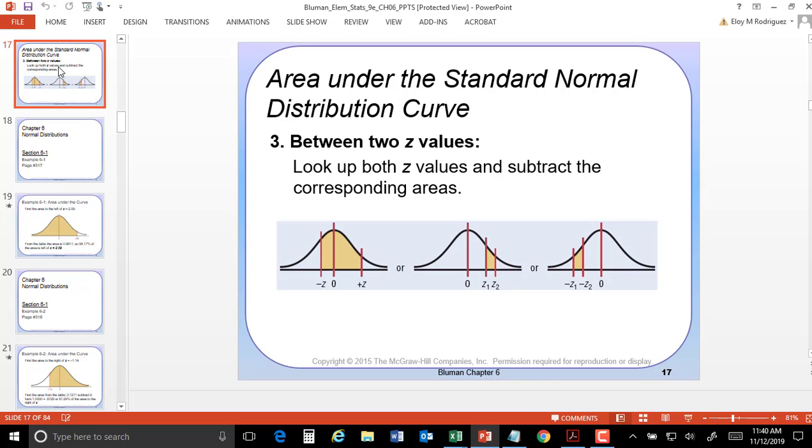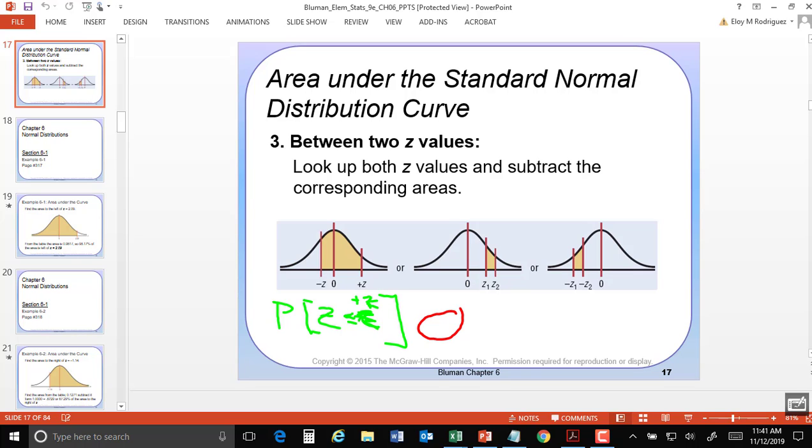If I wanted to find this area, given that the book is telling you the area from here on back, I have to take the probability of z being less than or equal to plus z bar.